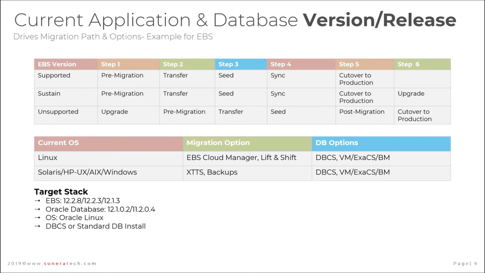If you talk about supported, you will be on 12.1 or 12.2 EBS, or if it is sustained, it should be 11i. And if it is sustained, it is 12.1, or unsupported, it will be 11i. So you will be in one of these versions currently.